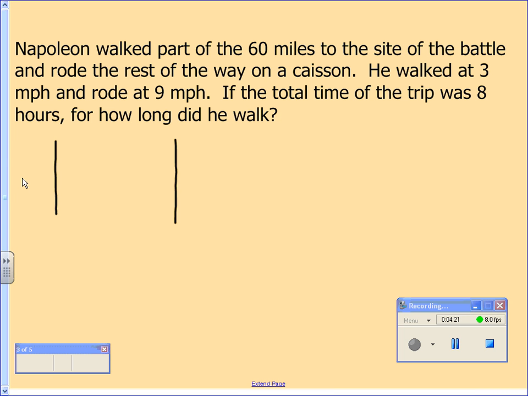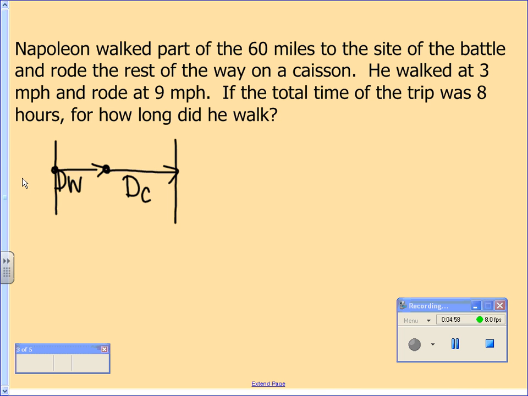He started somewhere. And then what did he do? He went and then he stopped, right? And this was when he was doing what? So he was walking. This is the distance that he was walking. Does that make sense? And then what happened the rest of the way? He rode his caisson, the distance that he was riding.